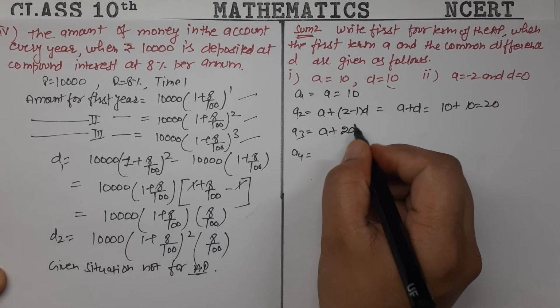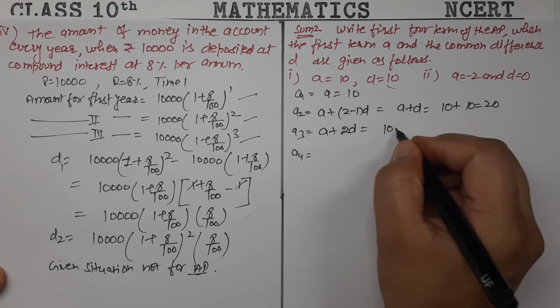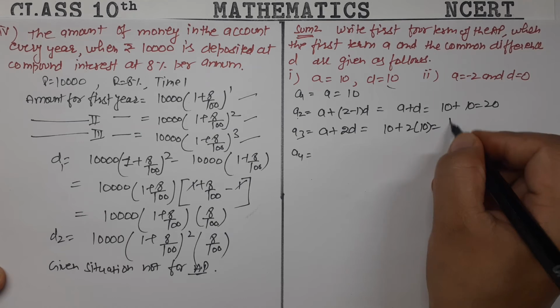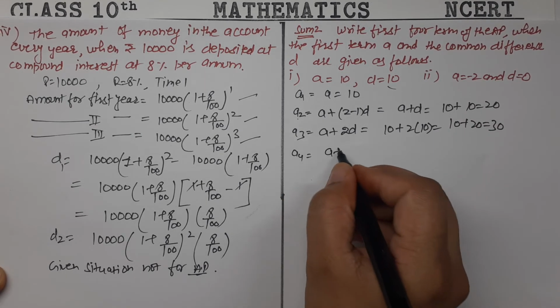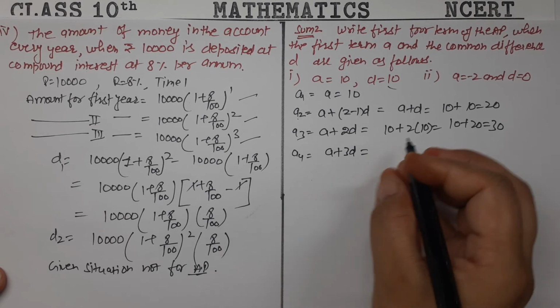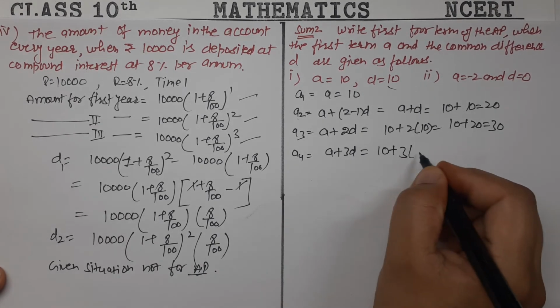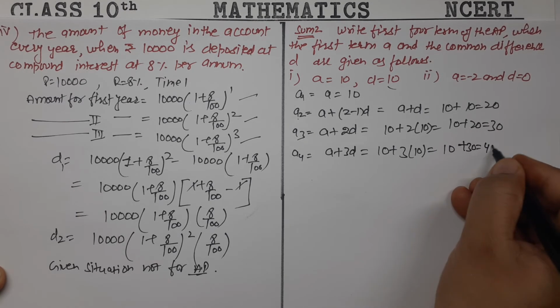A3 is A plus 3 minus 1, 2D, A is 10, 2 into 10 makes 30. A4, we can write it as A plus 4 minus 1, 3D. We have 40.